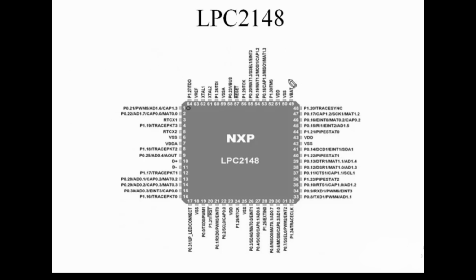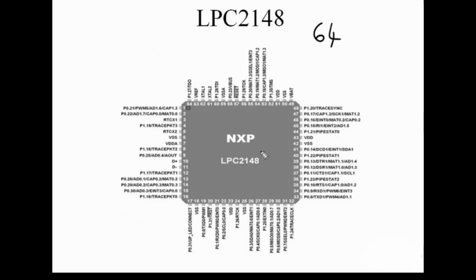This IC has 64 pins in total. To make sure one particular pin is able to provide multiple functions, we use certain registers which control and determine what exact function is to be performed by it at a particular instant of time.